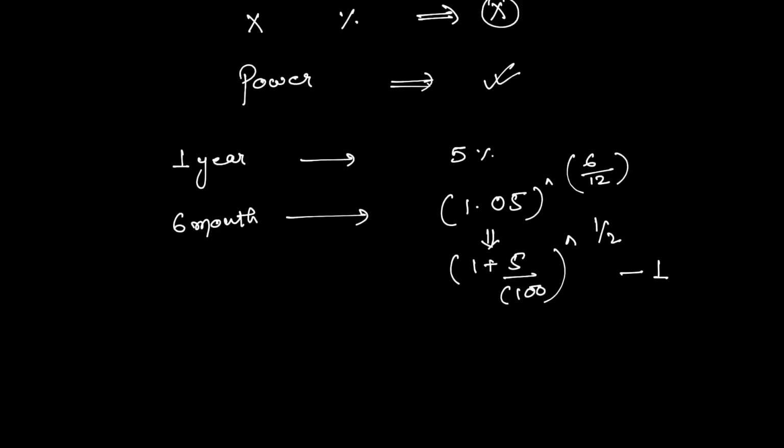If you solve it on the calculator, then it is 1.05 raised to the power 0.5. That will give you the value of 1.024 minus 1 into 100. So the 6 month effective interest rate is 2.469%. This is the effective interest rate of 6 months.